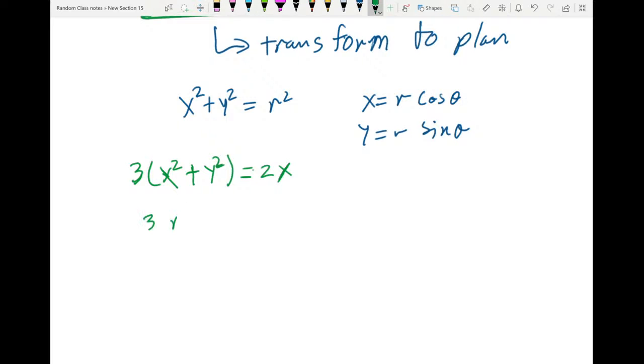This is just r squared, and you get 2, and we convert that right over here, r cosine theta. And if we simplify it, it becomes 3r equals 2 cosine.